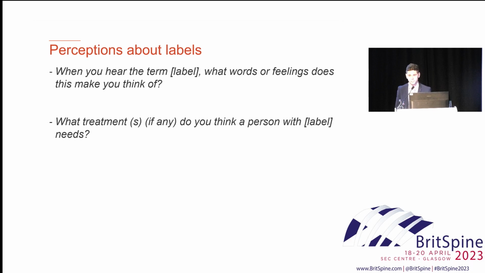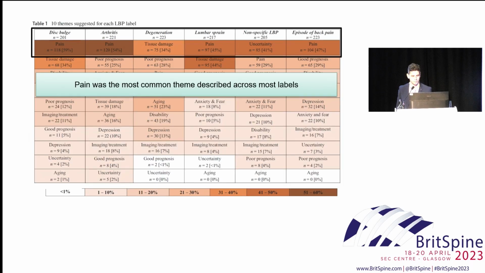And then in terms of the qualitative questions that we asked people, I'm just going to run through this slightly busy slide. Each of the columns represents a label: disc bulge, arthritis, degeneration, lumbar sprain, non-specific back pain, and episode of back pain. Numbers are the numbers of participants in each group, and in brackets is the percentage in relation to the whole sample within each group.